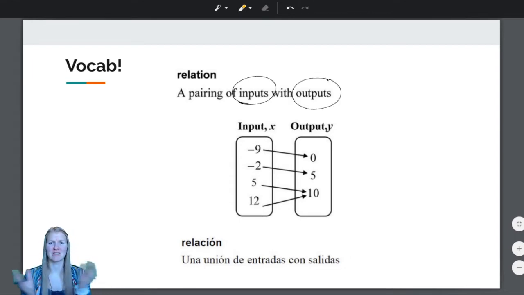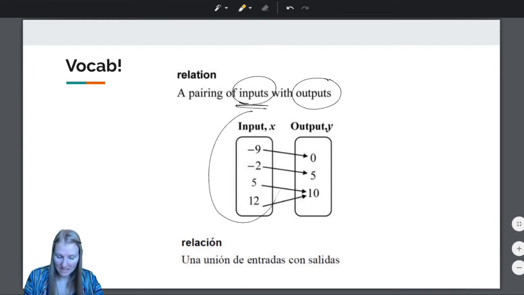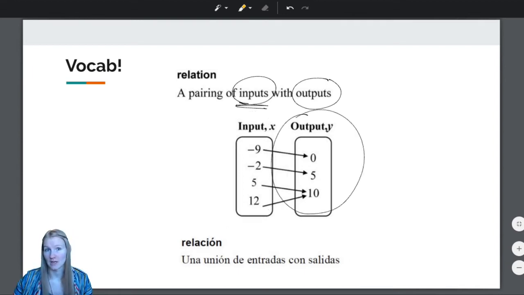A relation is a pairing of inputs with outputs. Now, that might seem kind of unfamiliar, but basically an input is: what are we taking? What do we know? What information am I given? And then what gets done with that information? So, we could have a relation for anything. We could have a relation for how tall you are.